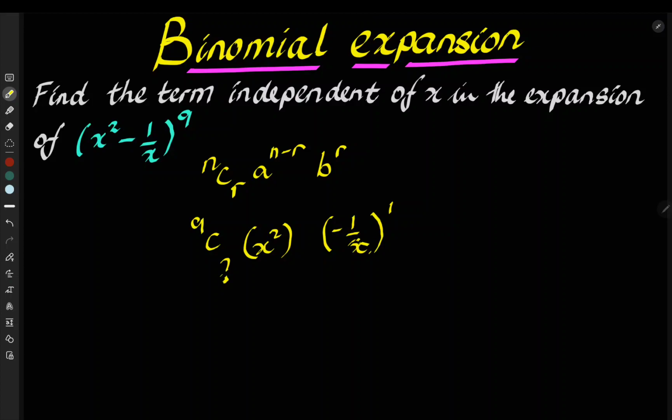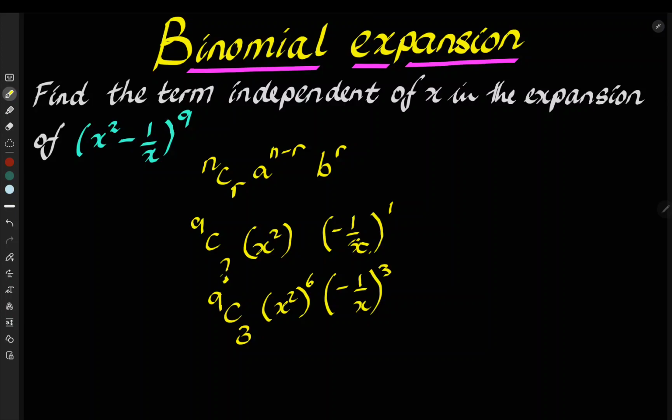So if we just look at here, we have to select a power 3. So we have to say 9 choose 3. Then that will become x squared to the power of 6, then here bracket negative 1 over x, again to the power 3. And you see this is power 12 and this is power 3. So again, they do not cancel.